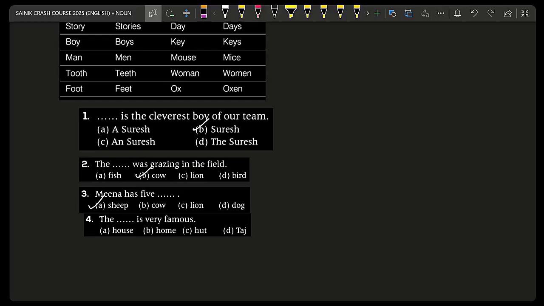Option A, house, we received no votes, that is a wrong answer. Option B, home, 1 vote. The home is very famous. Maybe in some particular sense it is correct, but in the general sense we should not choose that. And option C, hut. Maybe in some particular sense it is true, but we have to always take the general sense. Taj is nothing but the Taj Mahal, so it's very famous. Answer D.